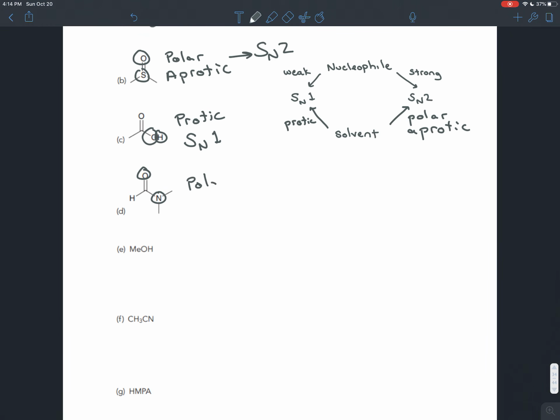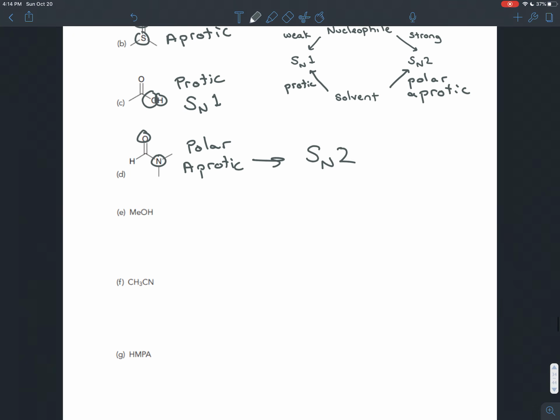So this is polar aprotic, and that favors an SN2 reaction. Here we have a hydrogen bonded to an electronegative element, the oxygen, so it's protic. That favors an SN1 mechanism.